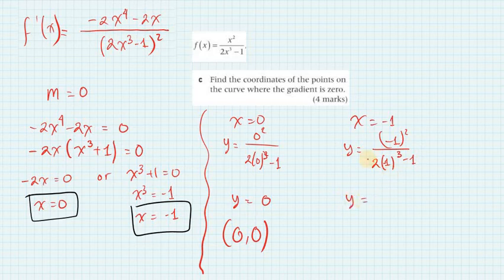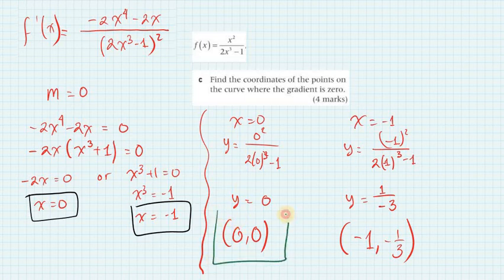So y equals negative 1 squared is 1, divided by negative 1 to the power of 3 is negative 1, times 2, negative 2, negative 2 minus 1, negative 3. So the second point when the gradient is 0 is (negative 1, negative 1/3). Okay, so this one should be the answer for question C.